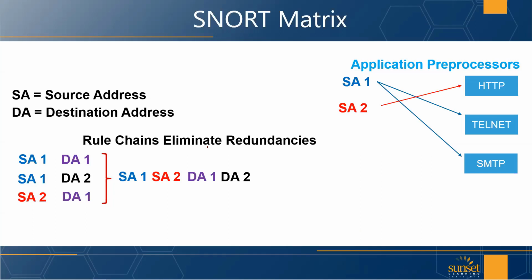Now, again, here we do it for source 2, going to HTTP, destination 1, HTTP and Telnet, for instance, destination 2, HTTP and SMTP. The key behind what SNORT's doing is, as I add more preprocessors, I don't have to keep building line by line by line. So let's say I added FTP as an application, and I wanted to monitor from source one.